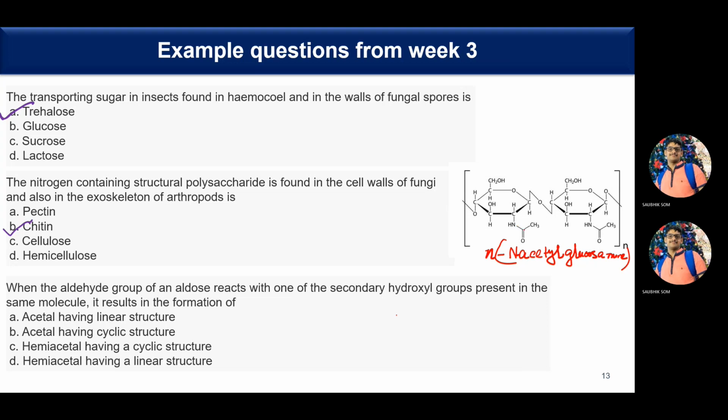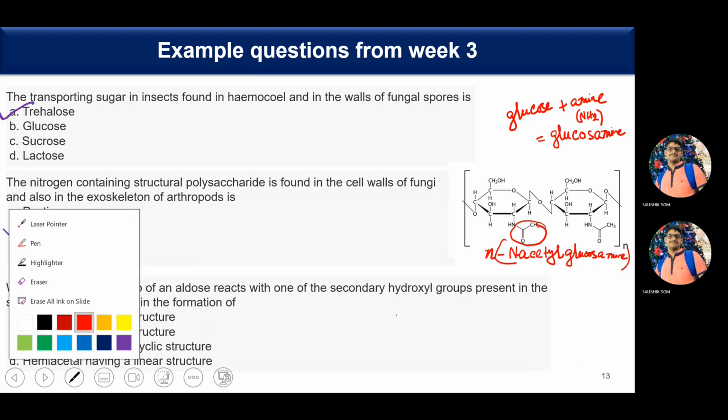There is an amine group here, so we call it glucosamine: glucose plus amine. Amine is NH2, correct? Now at this amine, there is an acetyl group, CH3CO. That's why I'm calling it N-acetyl glucosamine.